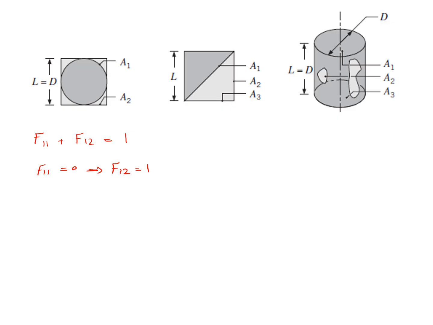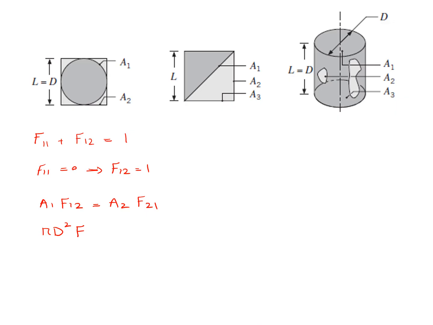Now, I need to calculate f21. There's another rule that I know which says A1 f12 is equal to A2 f21. And I know that I have f12 in all the areas, so I should be able to get f21 from here. A1 is my area of a sphere, which is 4 pi r squared or pi d squared. So that's pi d squared. f12, I'm just going to write 1.